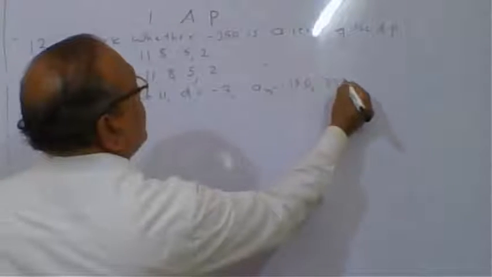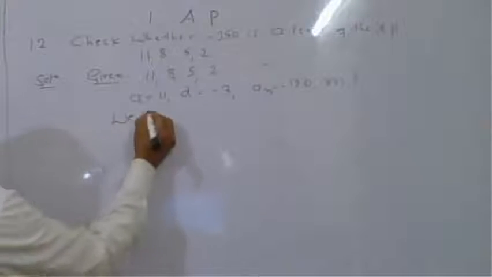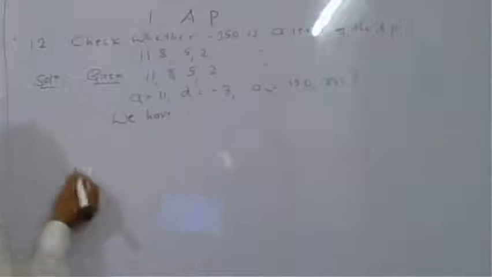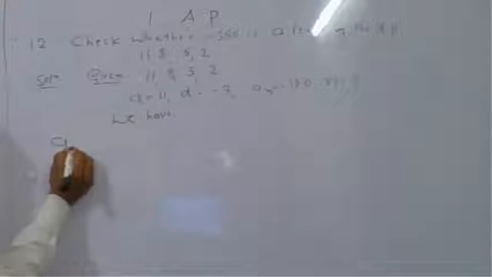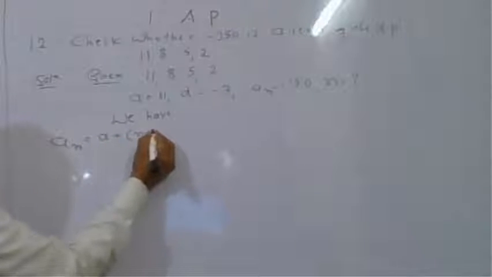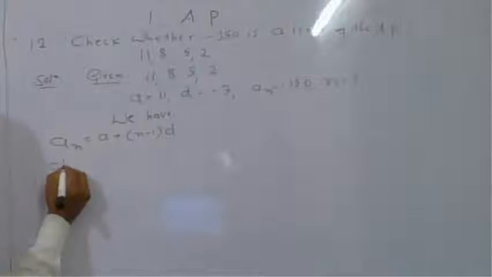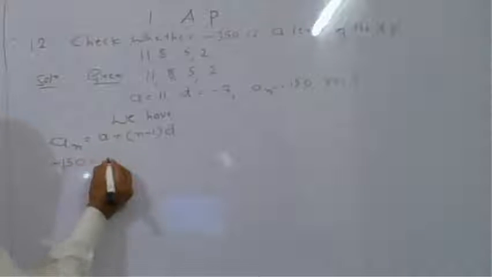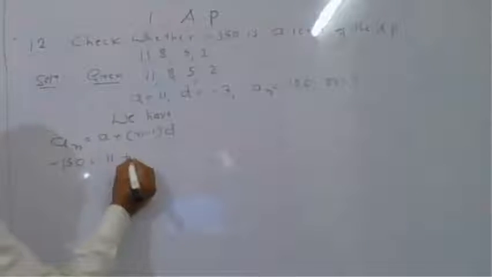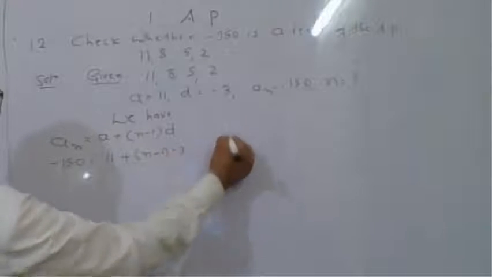You have to find out n is equal to question mark, similar to what you solved. We have an is equal to a plus n minus 1 into d. Substitute: in place of an take minus 150, a is 11, d is minus 3. You get minus 150 is equal to 11 plus n minus 1 into minus 3.